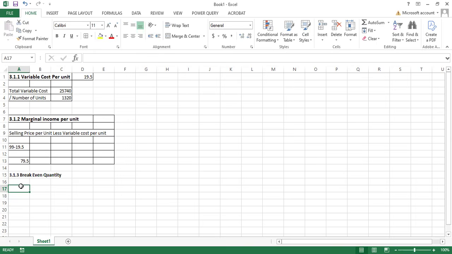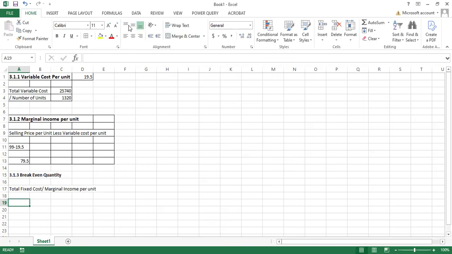Now, the formula for this one, it will be total fixed costs divided by marginal income per unit, the one that we have calculated above.